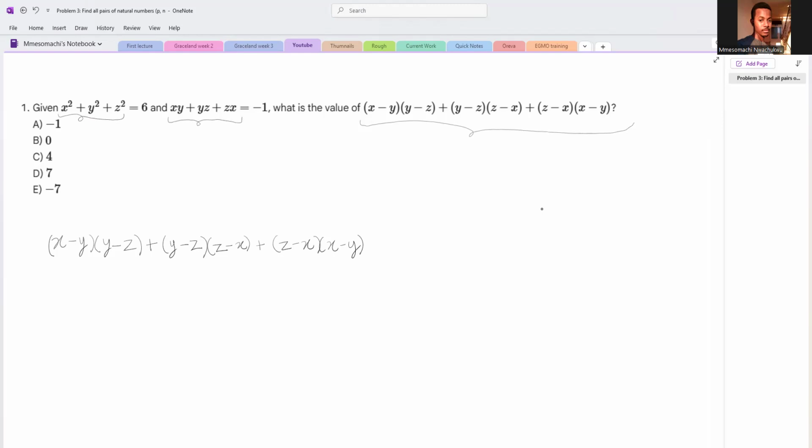So let's expand this. We have x times y, we get xy. X times minus z, we get minus zx. Minus y times y, we get minus y squared. Minus y times minus z, we get yz. And then we have y times z, we get yz.